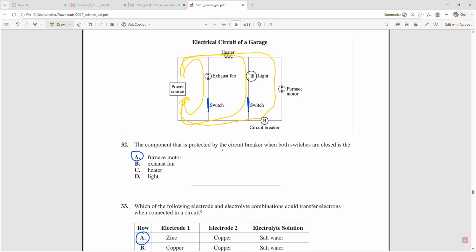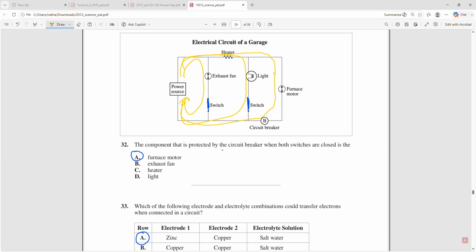A circuit breaker, remember, is like a switch that can open when it senses a current that is too high.